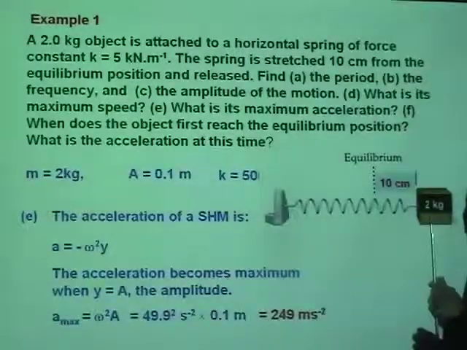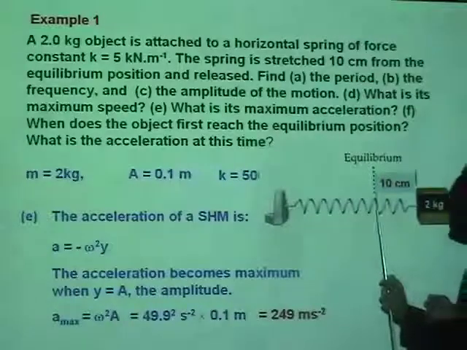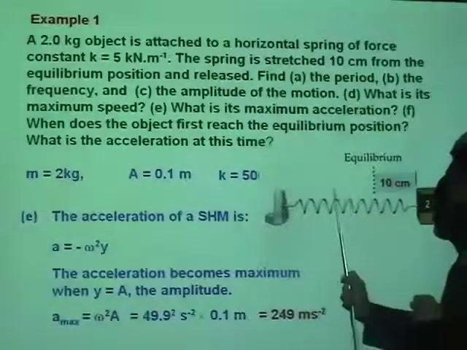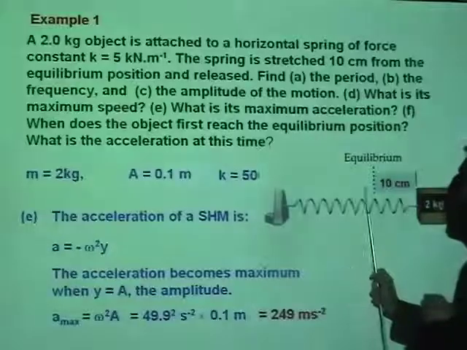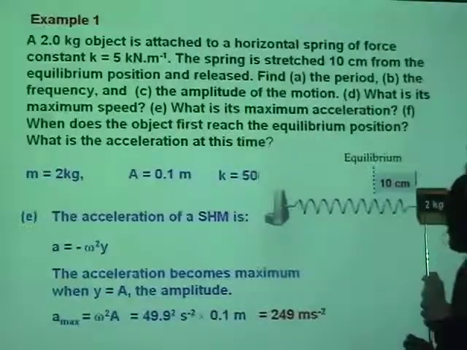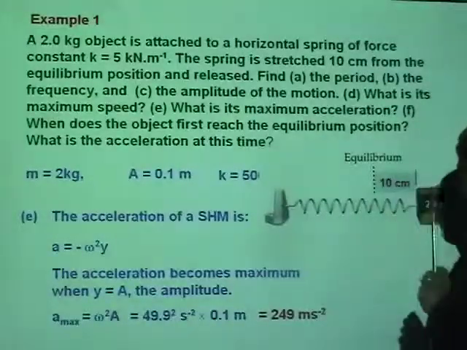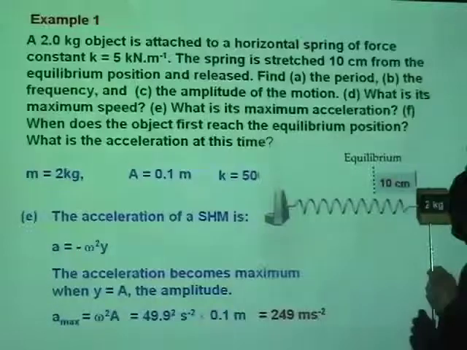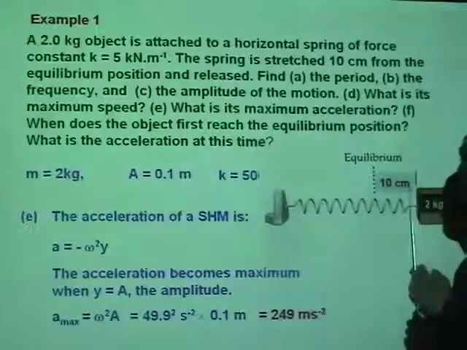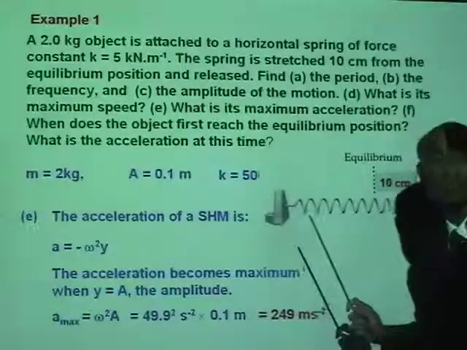If you leave the object here, it has to come back to the equilibrium position, go to the left extreme, come back to the equilibrium position, and be on the right extreme. That is one full oscillation. That means the time taken for this object to come to the equilibrium position is a quarter of a period.